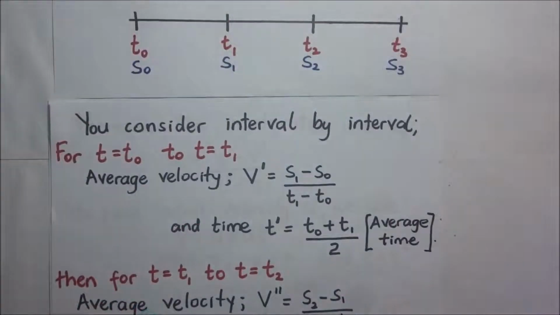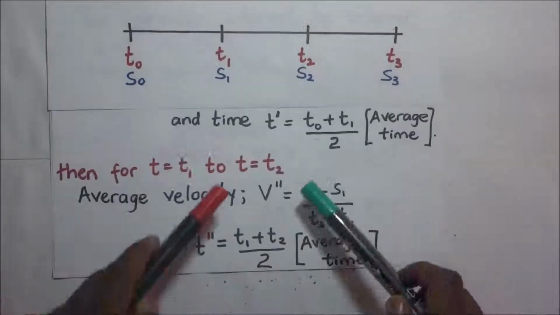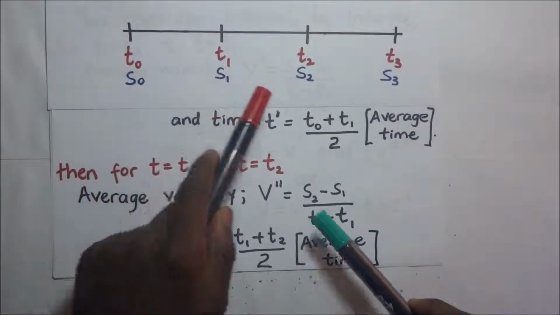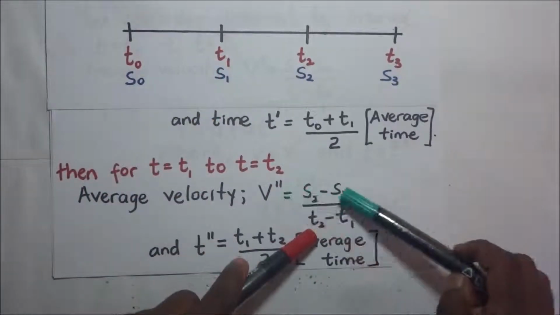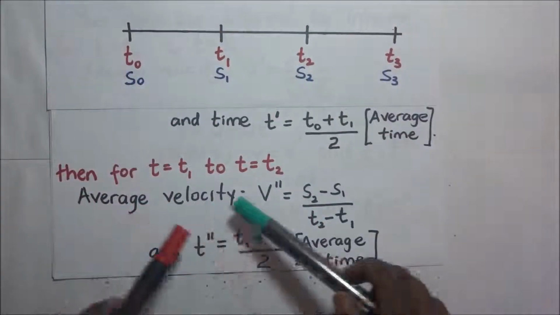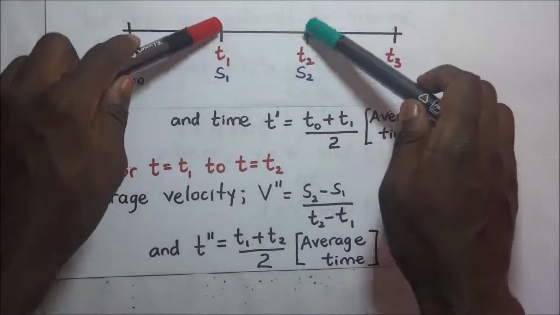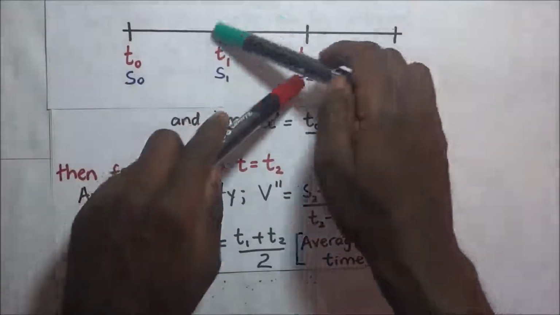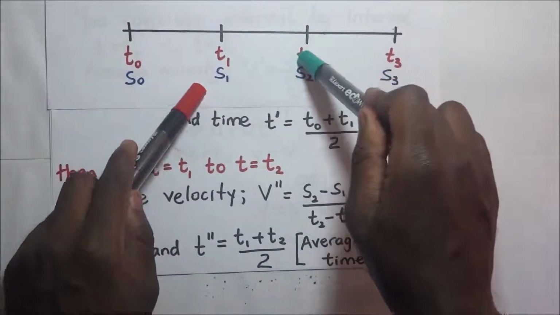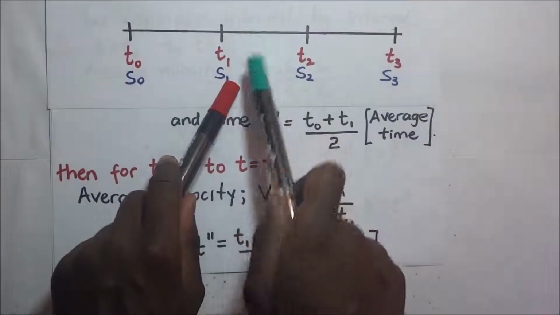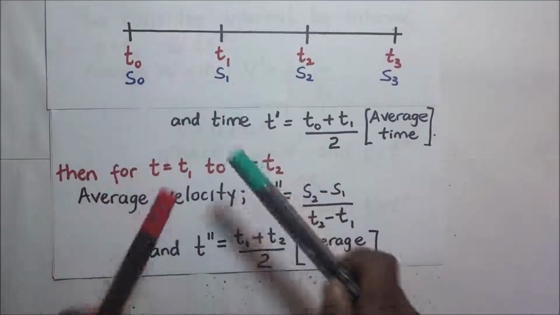So the velocity in the second interval is going to be s2 minus s1, divided by t2 minus t1, the time in that interval. After getting the velocity, we get the average time, which is going to be t2 plus t1, divided by 2, just like we did in the previous interval.